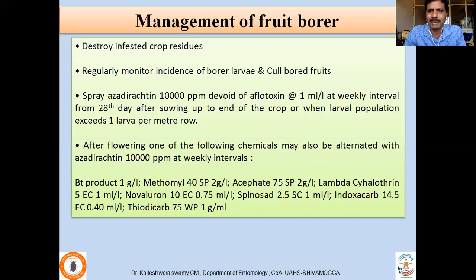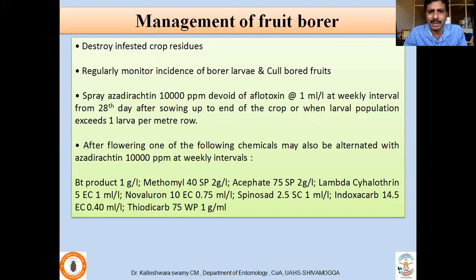Many times fallen neem seeds are used to prepare NSKE or neem-based insecticides, so it may contain aflatoxin, and when it is exported, they check for both disease as well as insects in the produce, so there is a chance of the lot being sent back from the ports. As a result, the azadirachtin used should be devoid of aflatoxin. These insecticides can be used starting from the 28th day after sowing.